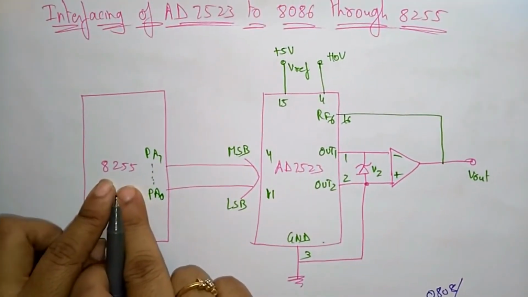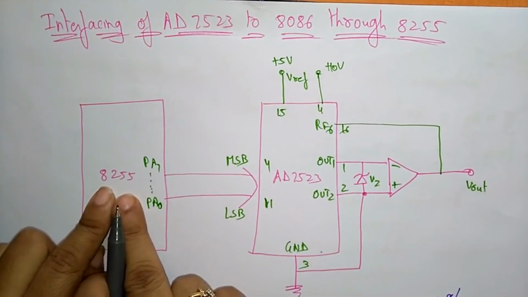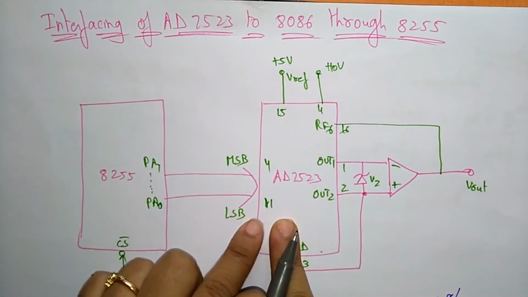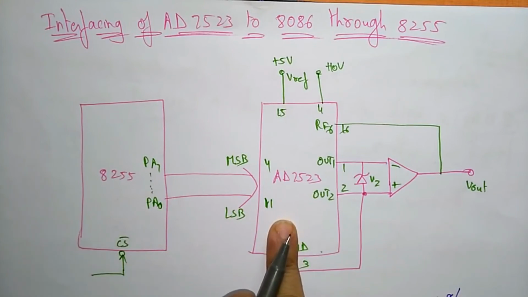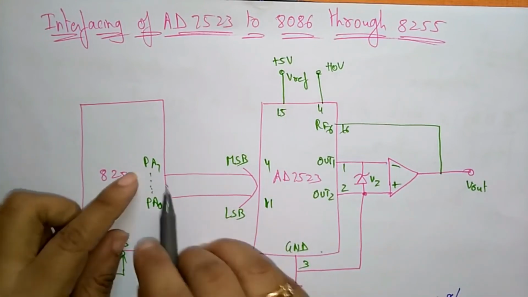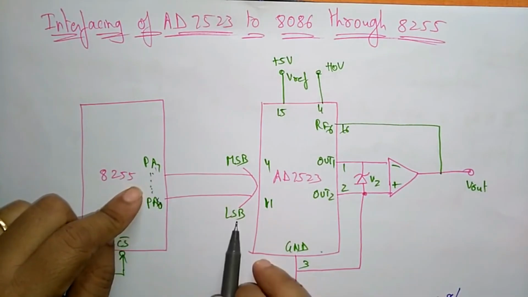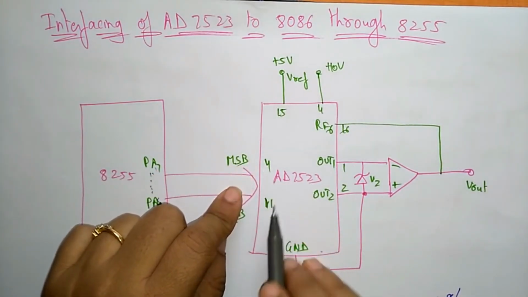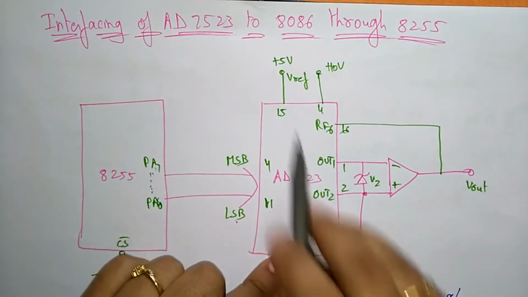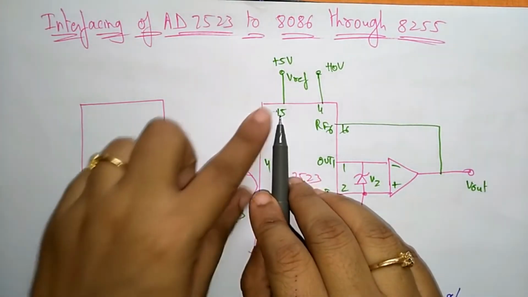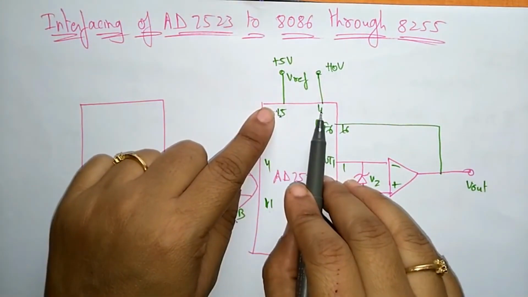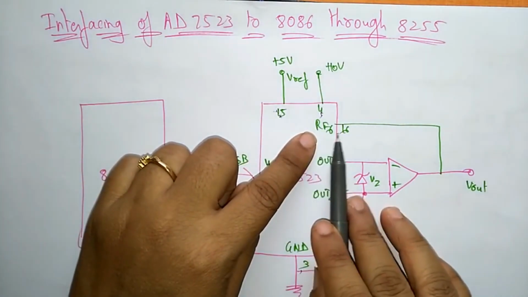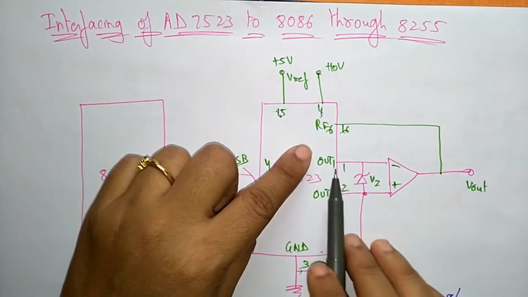Now the 8255 will be connected to the AD7523, which is used to convert the digital data to analog. Here port A0, the LSB, to the MSB will be connected to AD7523 pins 4 to 11, and the ground pin. The V reference will be connected to the 15th pin, and RFB will be connected to the 16th pin.